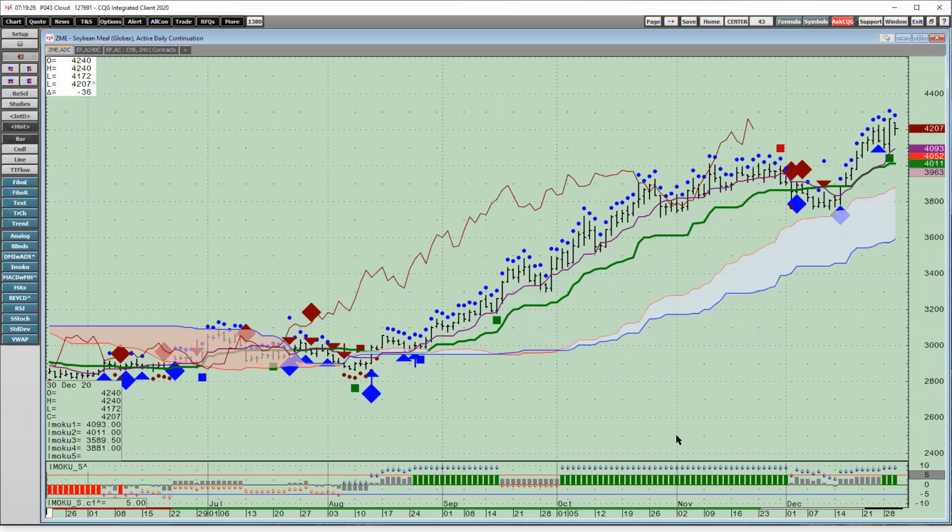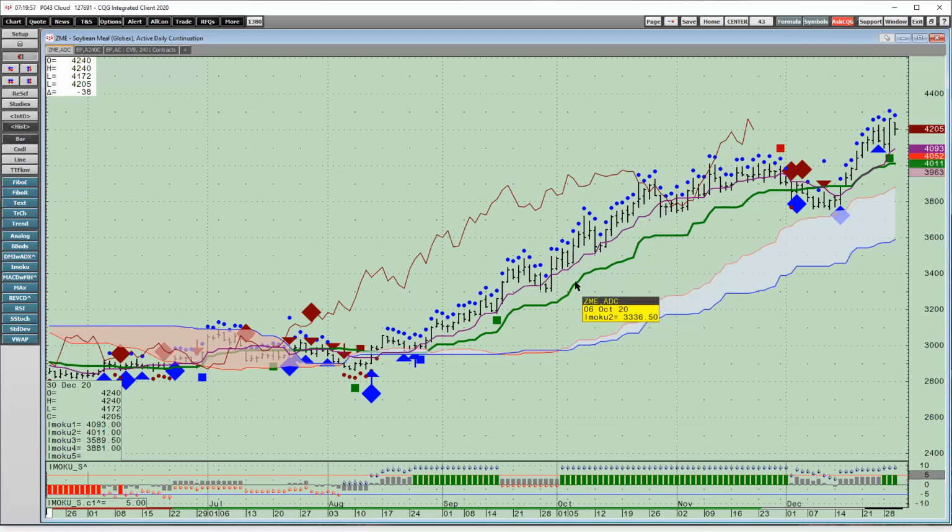The first one is the purple line, and its official name is Tenkan-sen. And what it is, and this is the key here, it's the midpoint of the last 9 bars. Judd calls it momentum because it's the fastest responding of the averages that are here.